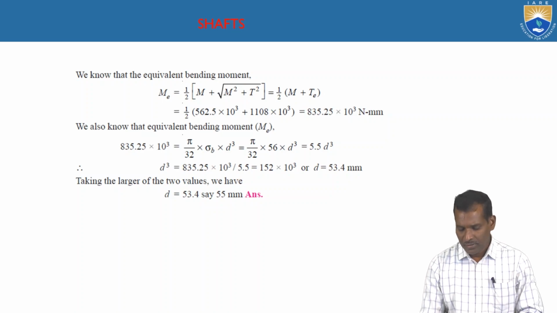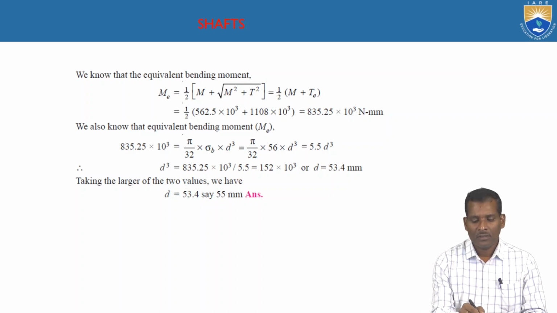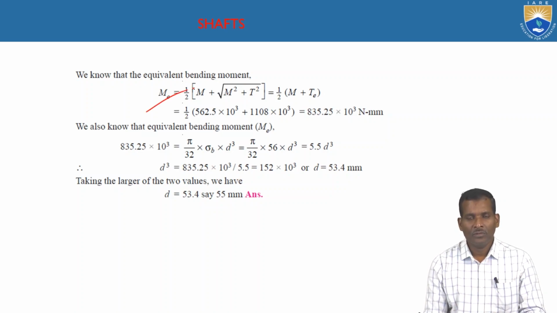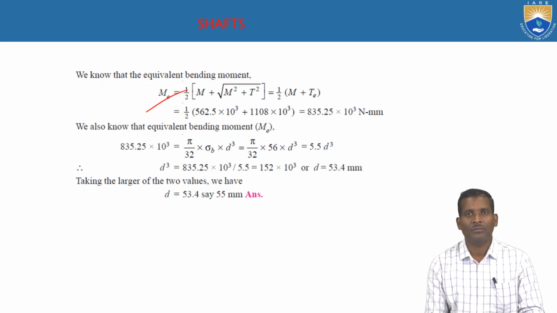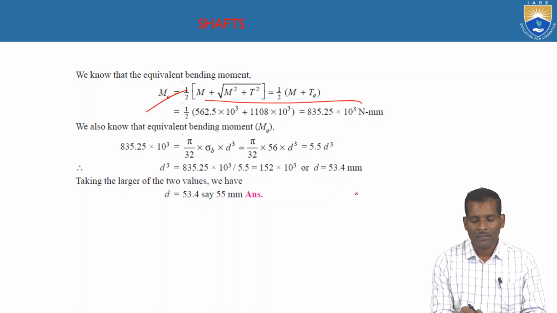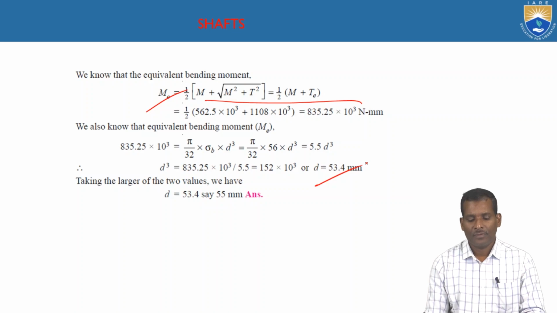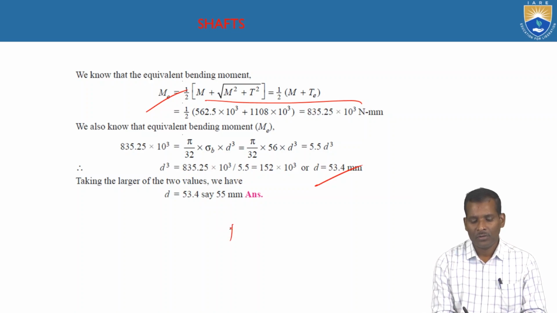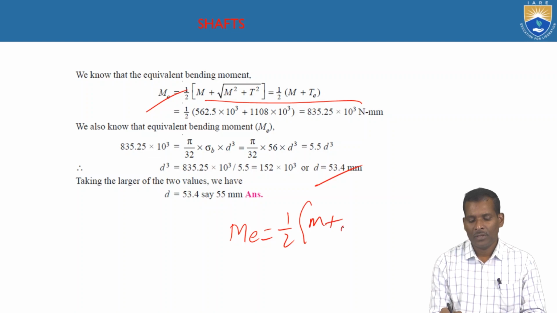The equivalent bending moment, you know that, already calculated by using twisting moment, and one more equation is there, that is equivalent bending moment, and apply, calculate D. So here bending moment equation already you know, Me is equal to half into M plus square root of M square plus T square.